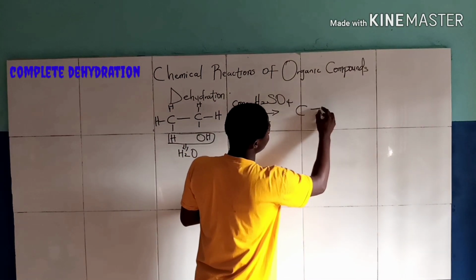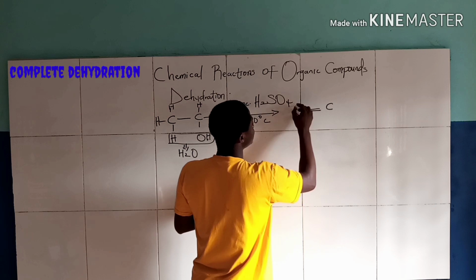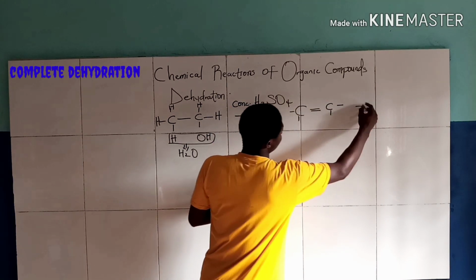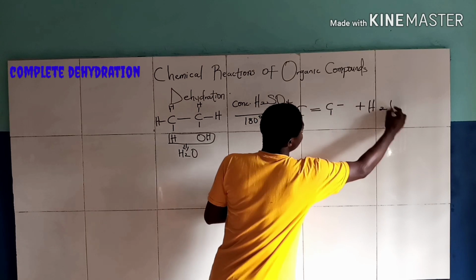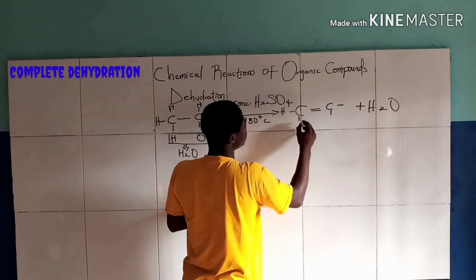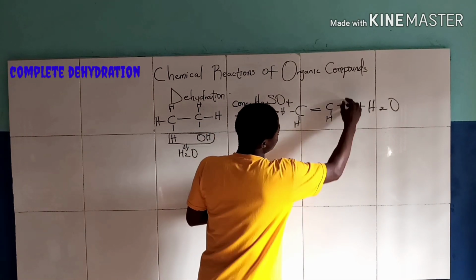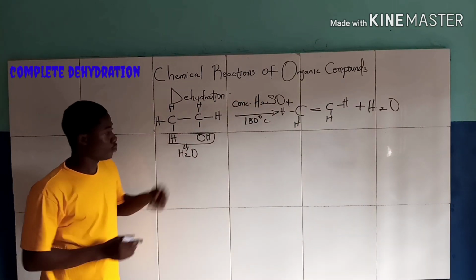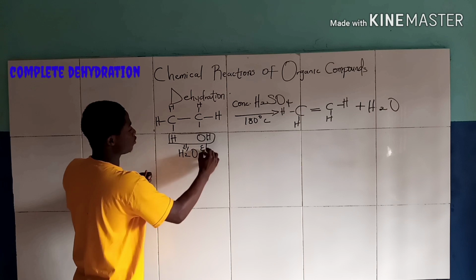C double bond C, with the elimination of water. So we'll put our hydrogen. This is ethanol.